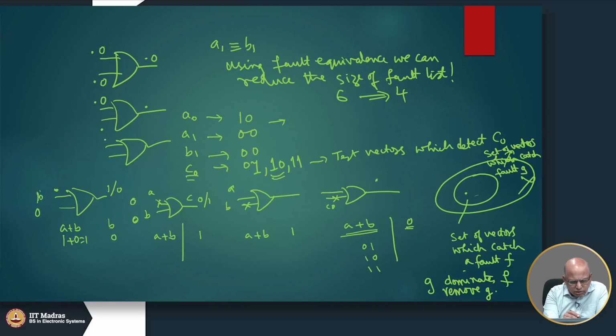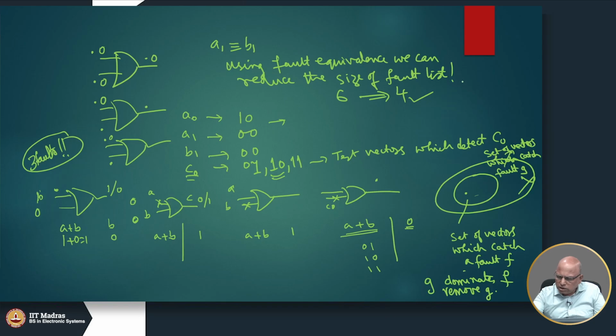With the help of dominance we can eliminate this also. So, now we have been able to reduce to 3 faults. So, originally 6 faults, now only 3. So, 50% reduction. Okay. Earlier we were able to get from 6 to 4 using equivalence.